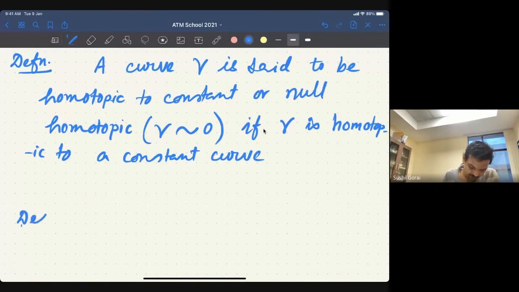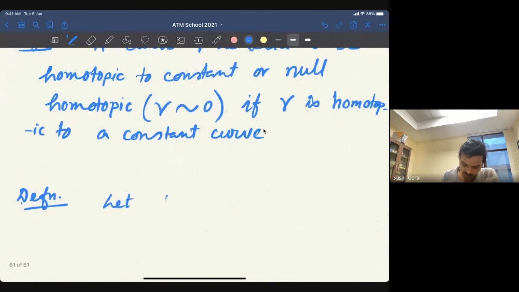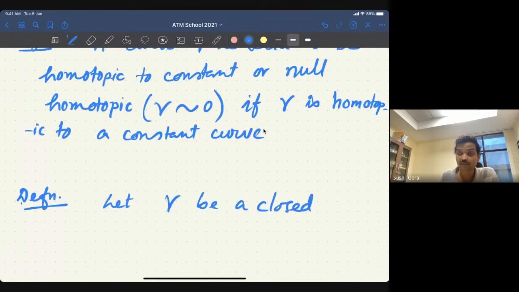Another definition. Let gamma be a closed curve. Any question?